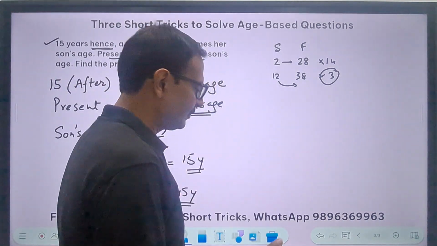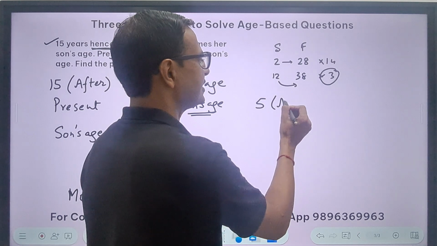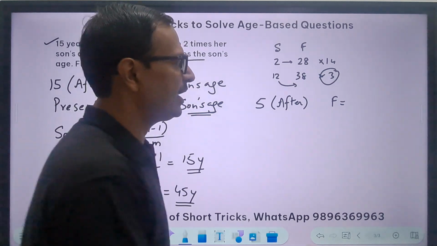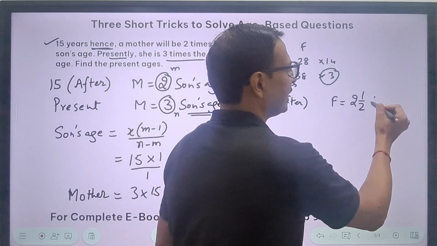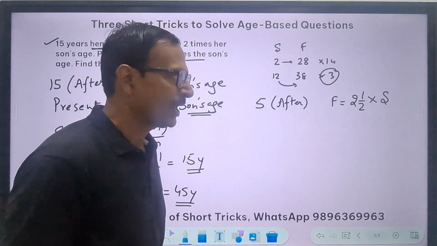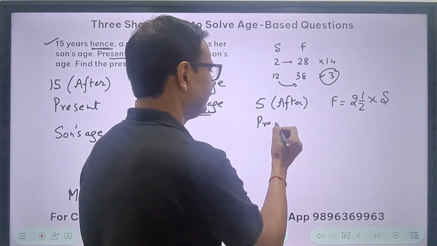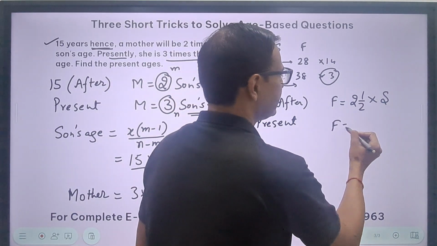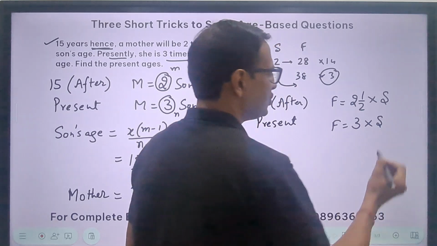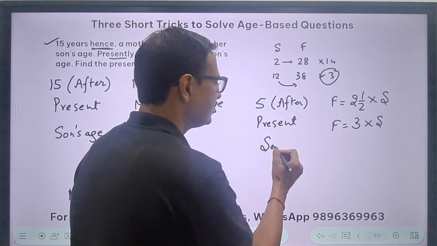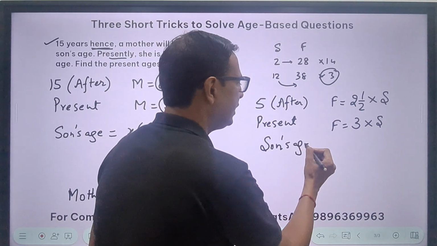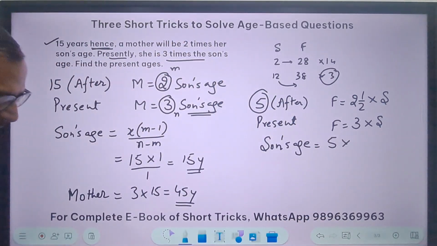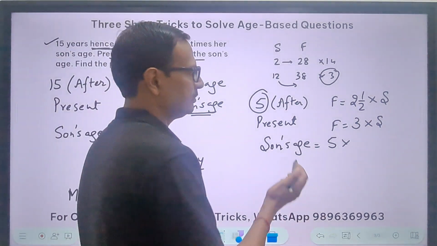Suppose we are given that after 5 years, the father is, say, 2.5 times the son, okay. And at present, father is 3 times the son's age. Now we need to find the son's age. So son's age will be, now this is 5, so 5 times, now what is to be written in the bracket?